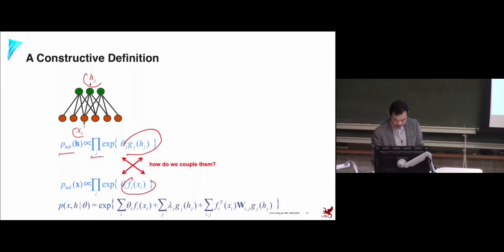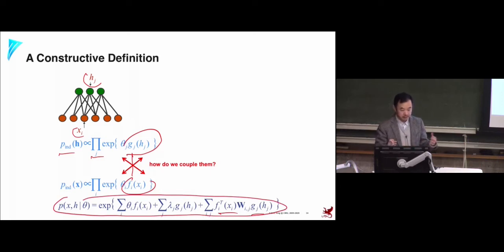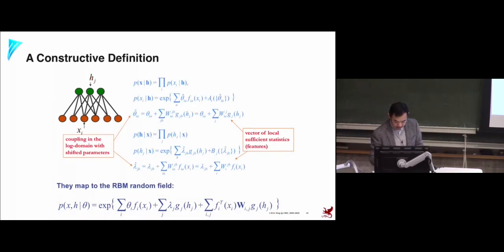And now, of course, you need a coupling term which allows both x and y to be defined. And then we do something very simple. We just multiply these together because you already defined singletons, and we can just multiply them. That's one way of defining that. You can define others, but this allows simplicity. So this is a constructive definition of the RBM model. And then what this is trying to say.